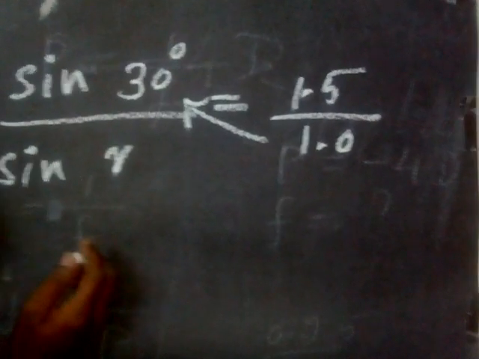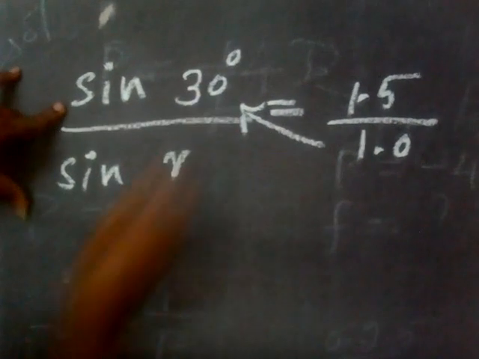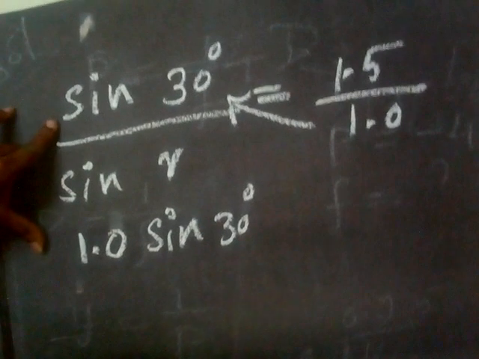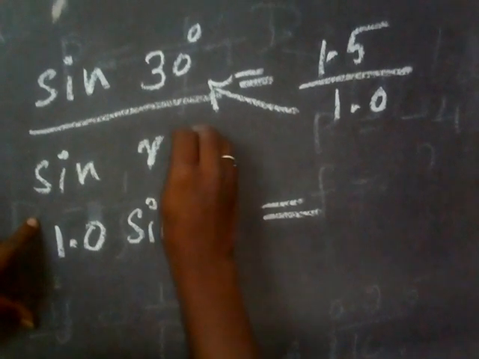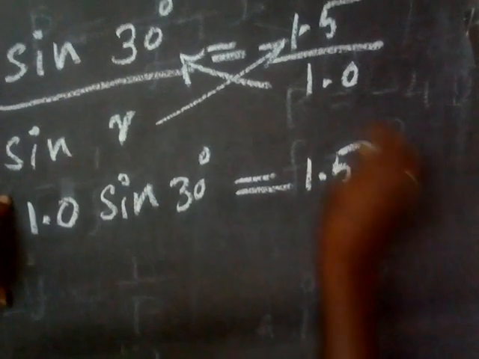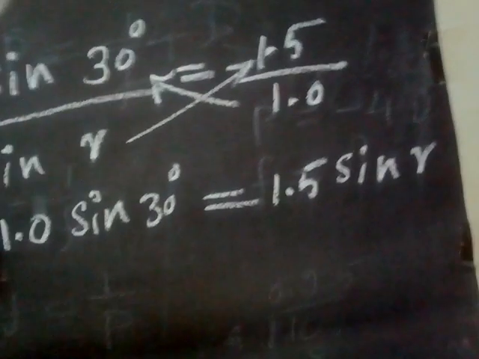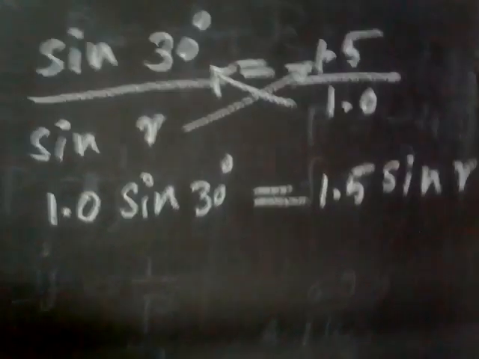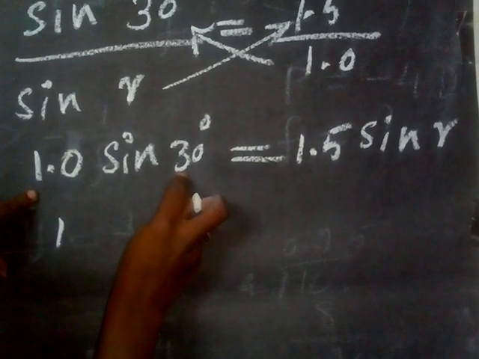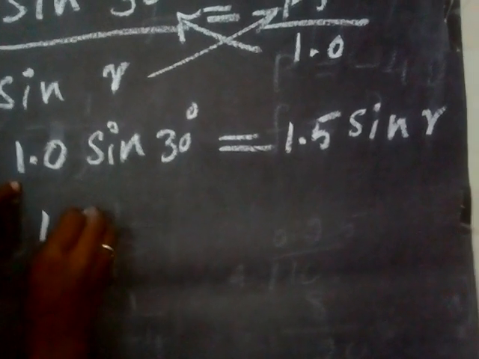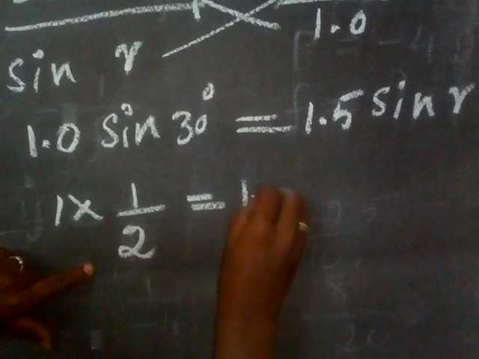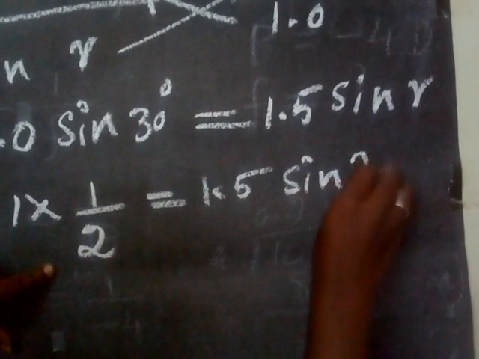So 1.0 into sine 30 degree is equal to 1.5 sine R. Then what is the sine 30 degree value? Sine 30 degree is 1 divided by 2, equal to 1.5 sine R.